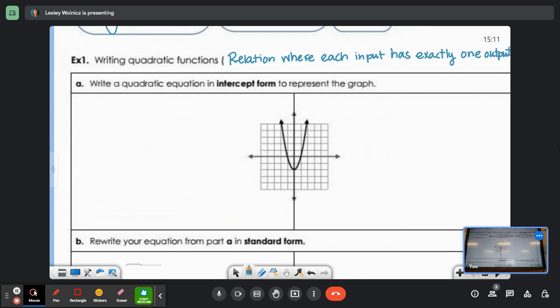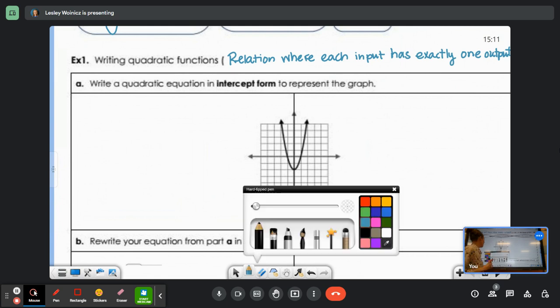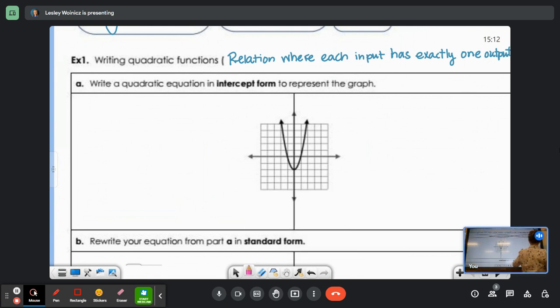All right. So just like up there, we're going to write an equation in intercept form to represent our graph. So we need three things. We need A, we need a P, and we need a Q. Which one do you want to get first? A. All right, so start at the vertex and find the pattern.